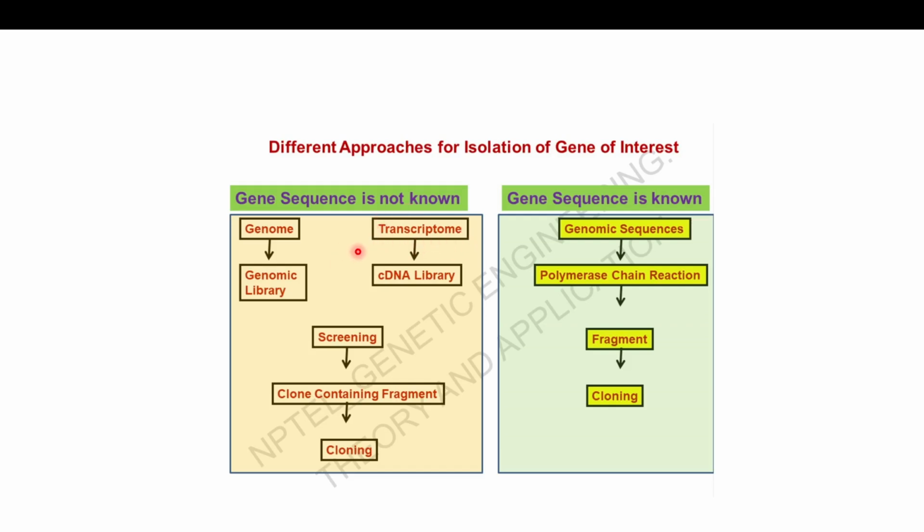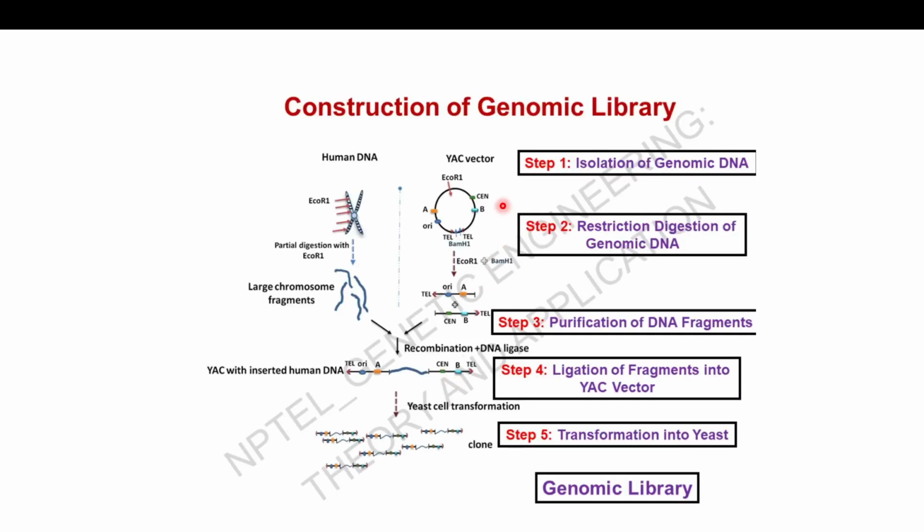The transcriptome is basically the pool of RNA that has been transcribed from the DNA of our genome, and that RNA can be reverse transcribed into DNA to form a complementary DNA library. Then the further downstream process of screening, cloning the fragments, etc. will take place. So, how do we really construct a genomic library?